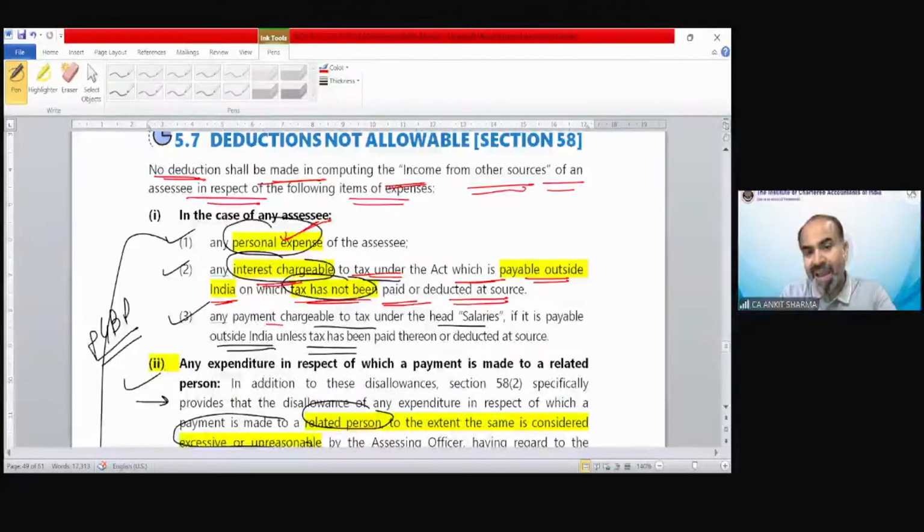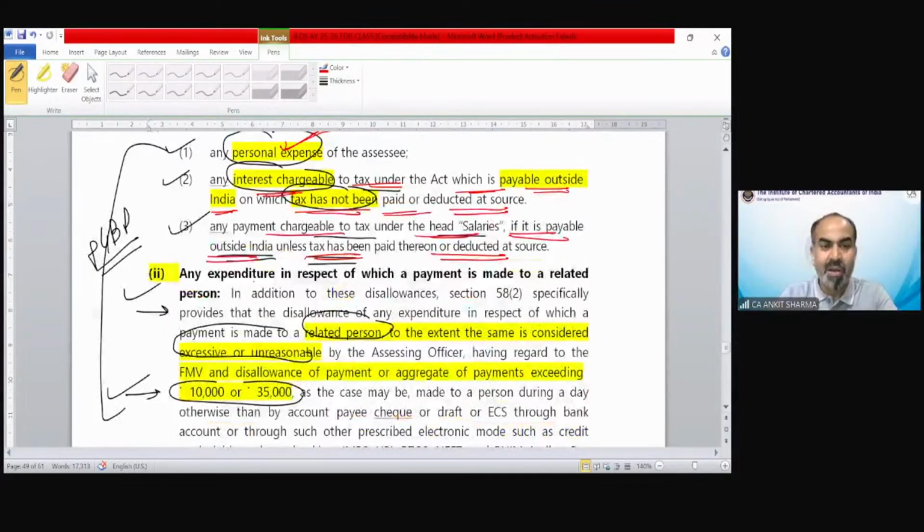If you have paid any kind of salary and it is payable outside India, you cannot claim it as an expenditure unless the TDS has been deducted. Same concept as PGBP. Again, same concept, you cannot pay more than 10,000 or 35,000 to any person in a single day. If it has been done, then in that situation, the expenses would be disallowed.